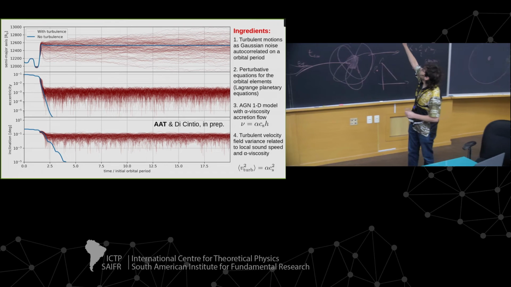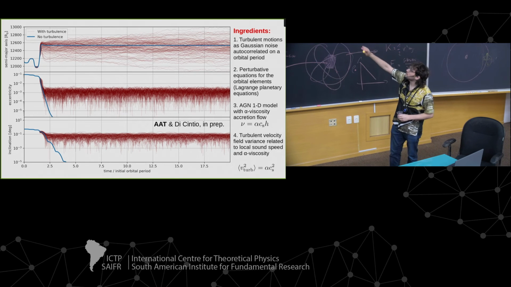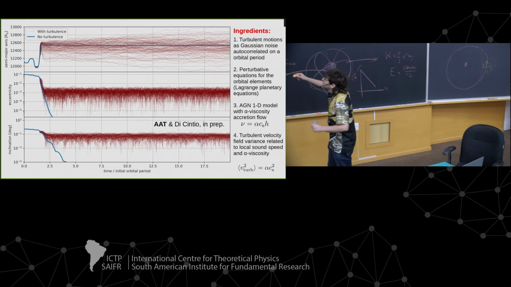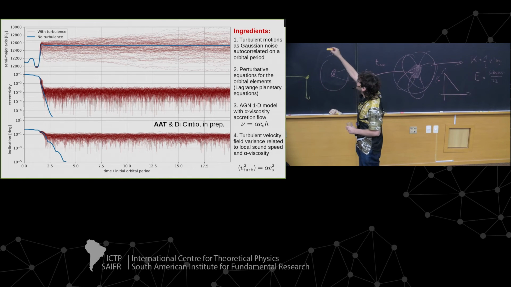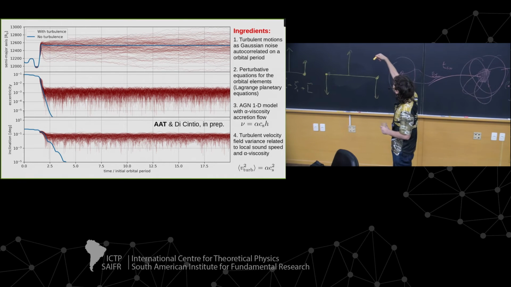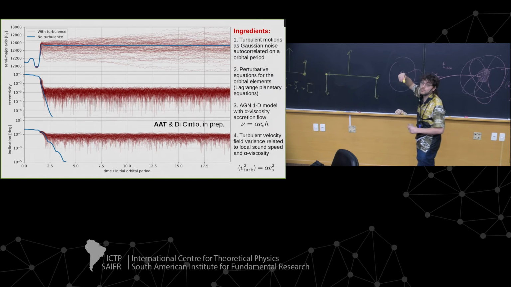So eventually, if you consider only the plain laminar flow of gas, the black holes will become fully circular with zero inclination. What you see on the left is the orbital properties of a single black hole embedded in the disk. The blue line is when you don't have any turbulent motion.